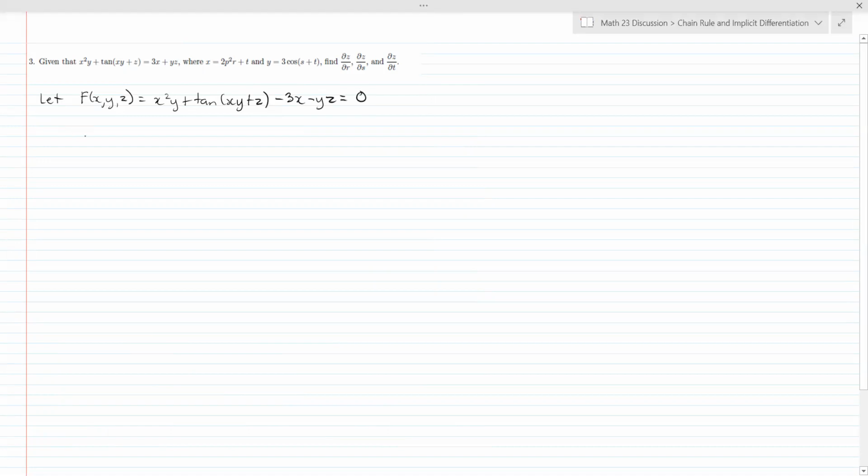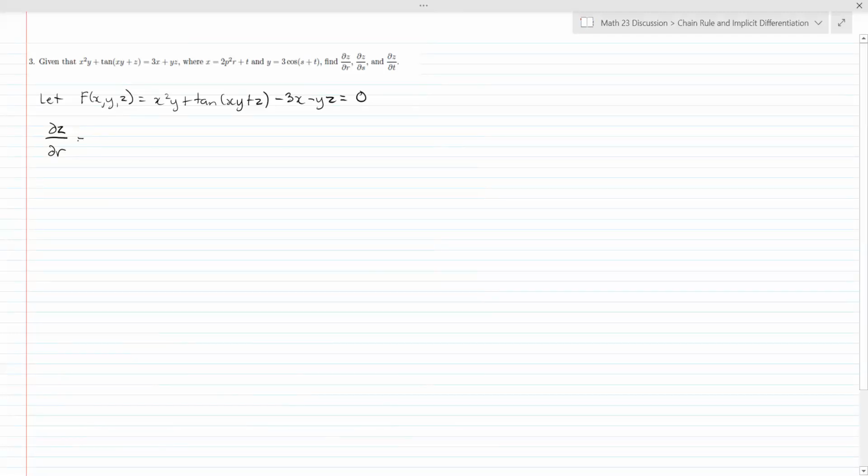We need to find partial ng z with respect to r. Pero hindi pa natin magagamit yung formula kasi walang r dito sa function.